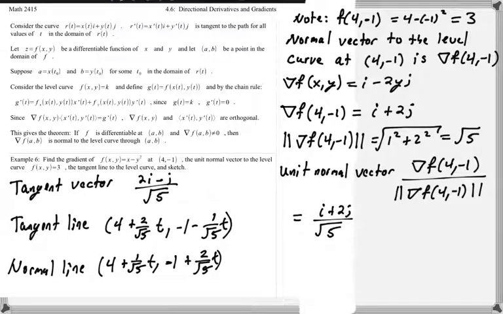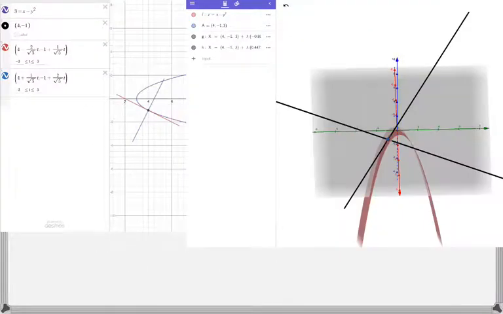Okay, and so we're going to cruise on to the last slide here and take a look at that. So on the last slide, in 2 dimensions, here's your level curve. And our point is 4 and negative 1. And you can see your normal line and your tangent line.